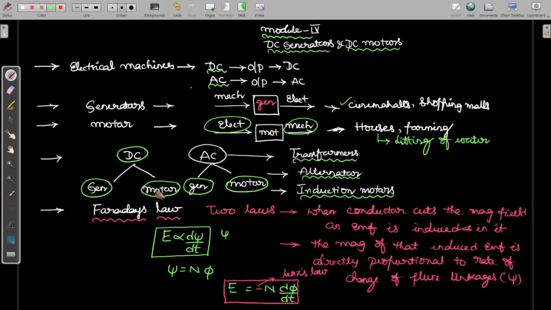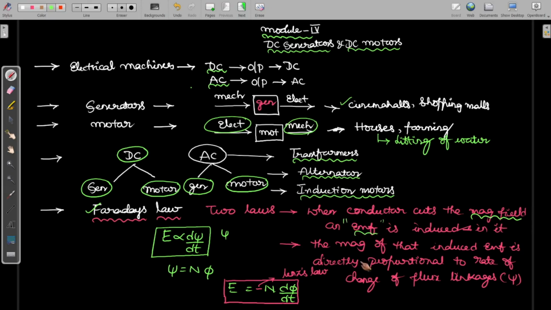Now understand the basics required for understanding the principle of generators or motors, whether AC or DC. Generators or motors work on the principle of Faraday's laws. Faraday has proposed two laws here. First, when a conductor cuts a magnetic field, an EMF is induced in it.